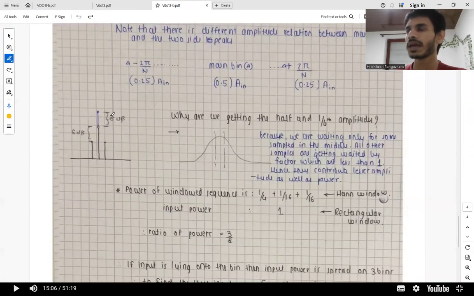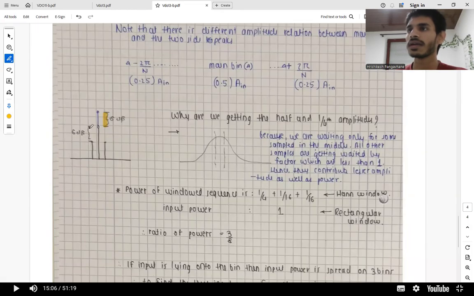And as we said, it is contributing half of the input amplitude, right? So this is the Hann window, and this is our square window. So the difference is basically 6 dB. Why? Because it's just half the amplitude.